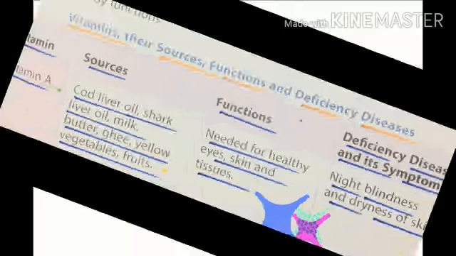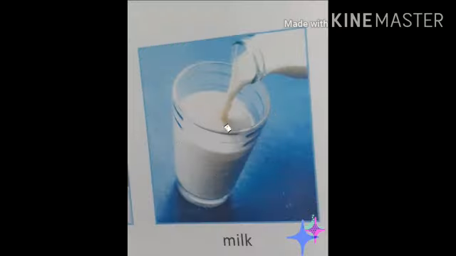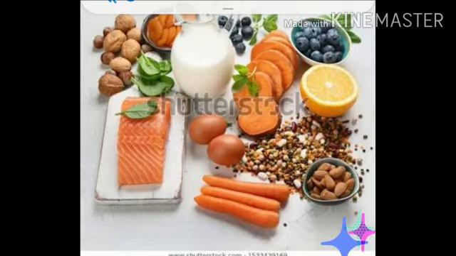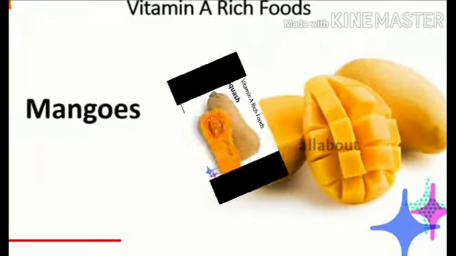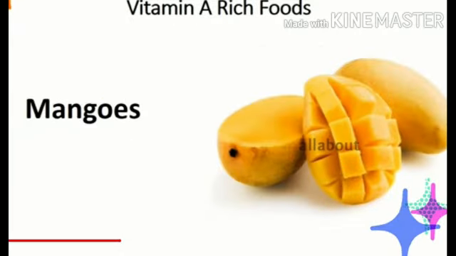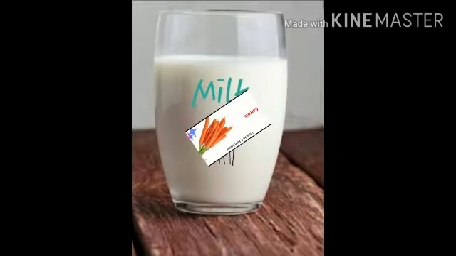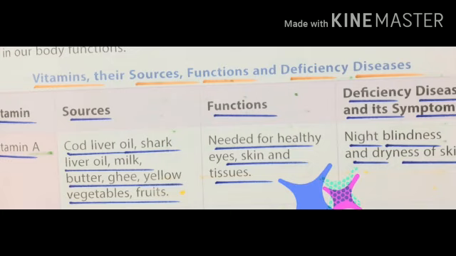You can see that it is present in cod liver oil, milk, butter, all the yellow fruits and vegetables you are observing, muskmelon, papaya, your favorite mango, carrots and milk. These are the rich source of vitamin A.